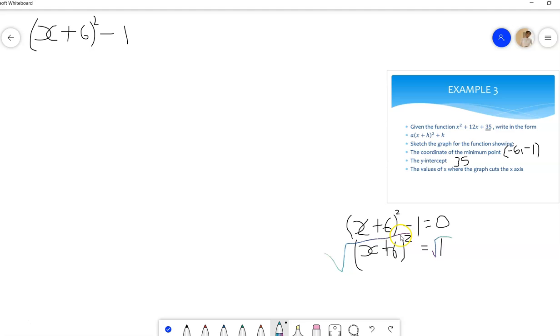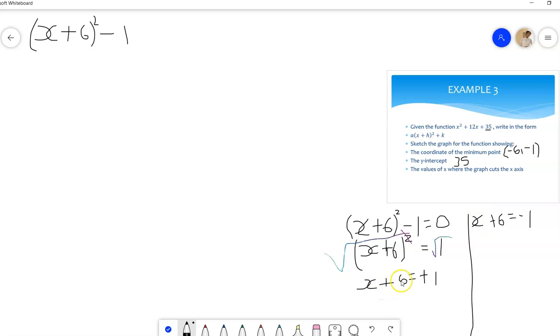Square root cancels square, so now we have x plus 6. Remember that it's the positive or negative square root, so I'm going to have x plus 6 equal positive 1, as well as x plus 6 equal negative 1.